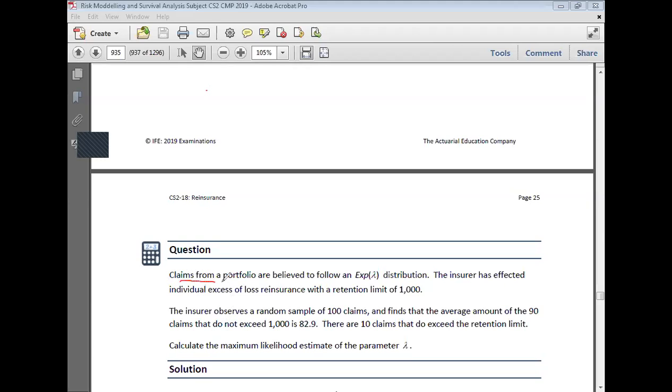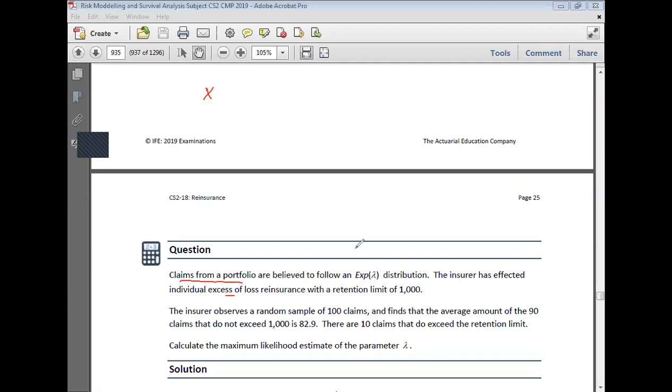So again, this is like a word problem, right? And I want to write equations to summarize this thing. So if I read the first line, I see that claims from a portfolio are believed to follow an exponential lambda. I'm not given here how I define my claims, so let me define my claims by x.